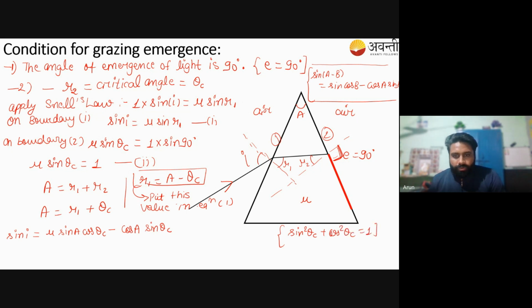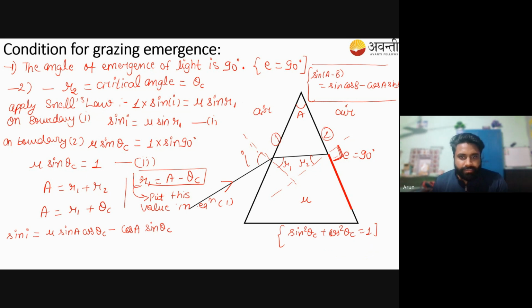So cos theta c will be nothing but what? Put the value here.